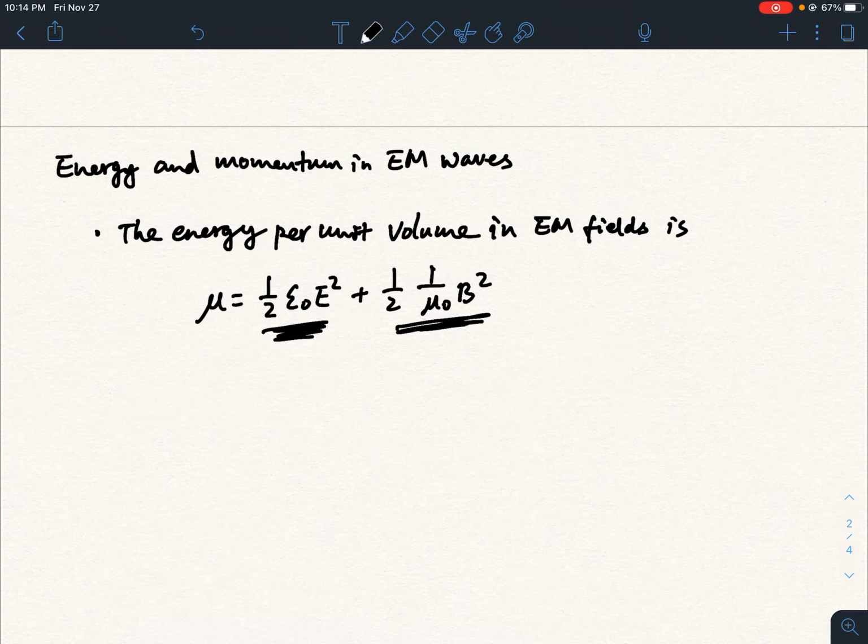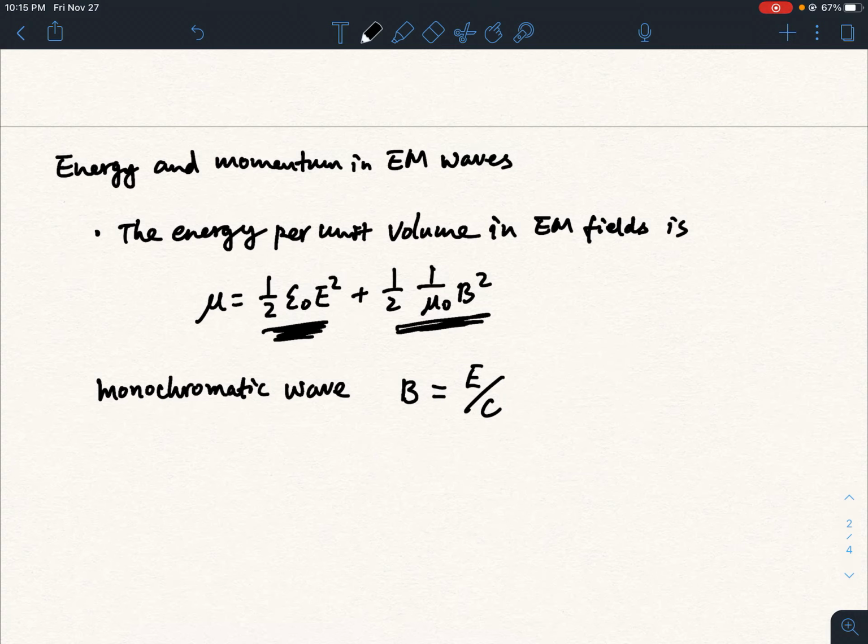Okay, so for a monochromatic wave, this B is really related to E. B is really just E divided by c.